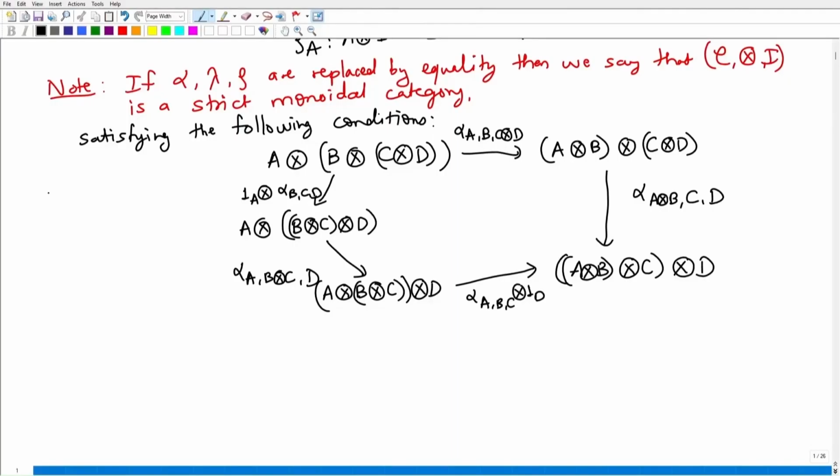You have 2 different ways of going from one particular parenthesizing to another parenthesizing, but they are the same. So that's what is called a coherence condition.